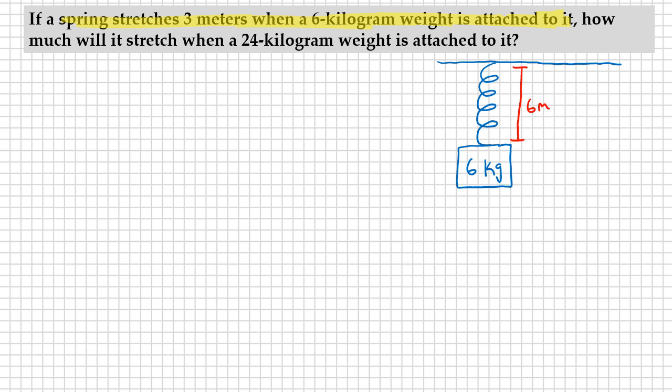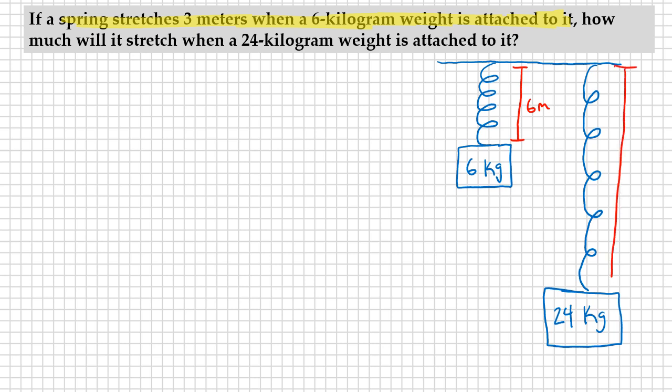Well, a heavier weight, you think, might pull the spring down a little bit more. So maybe something like this. We'll draw a bigger weight down there. Let's say this is 24 kilograms. And the question is, how far is the spring stretching? Now, you don't need the diagram for this one. I like to draw a diagram when possible.